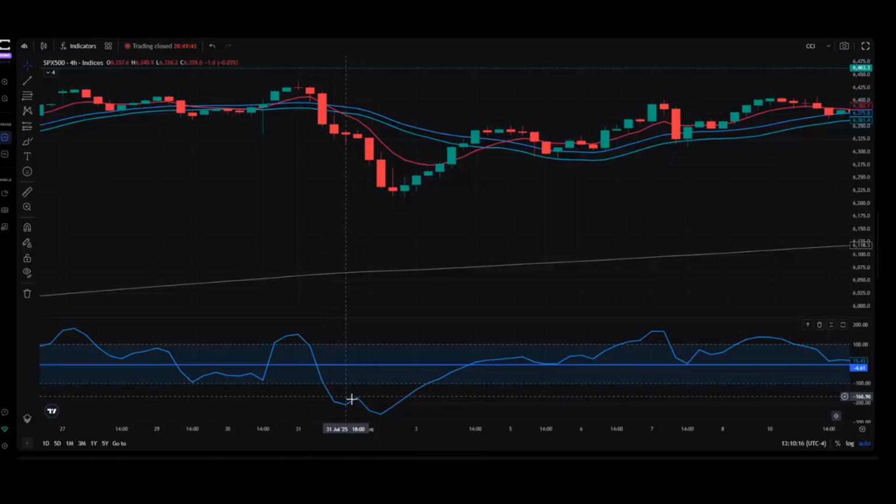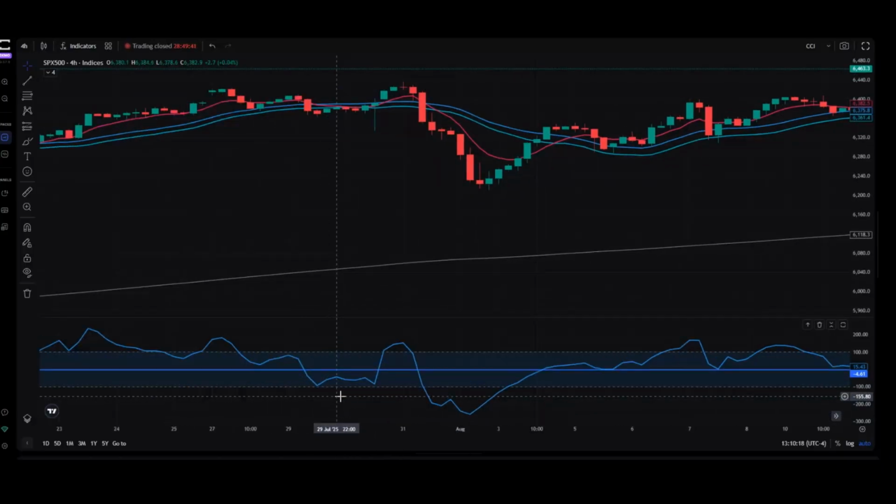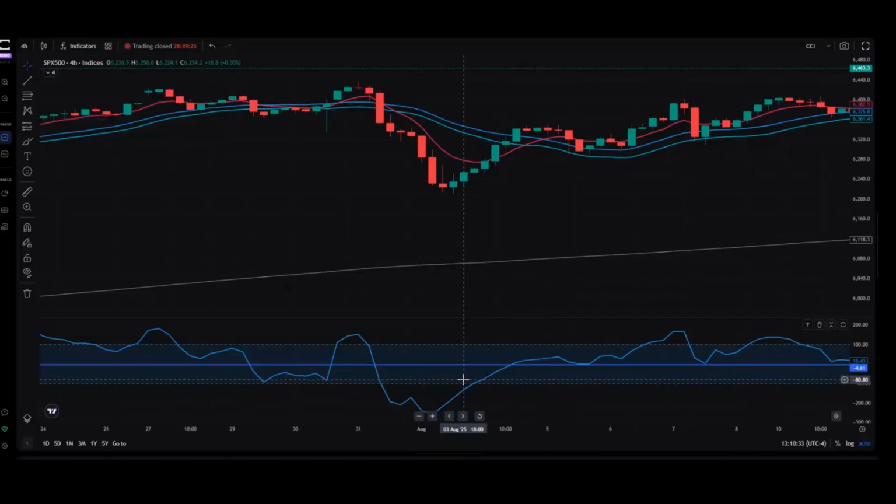So essentially the CCI comprises the positive 100 line, which is in this area right here, and also it has the negative 100 line and also has a center line.